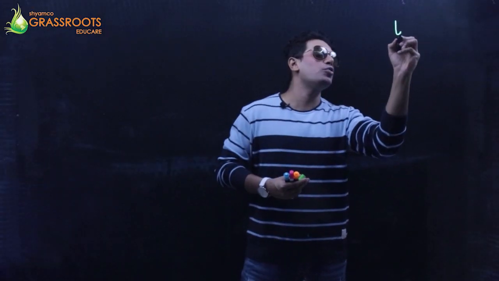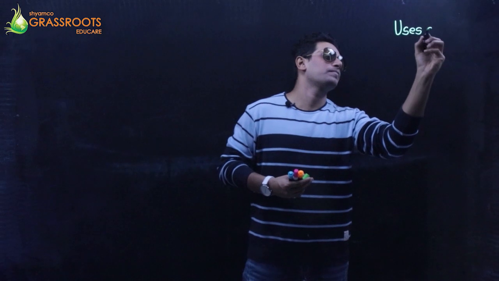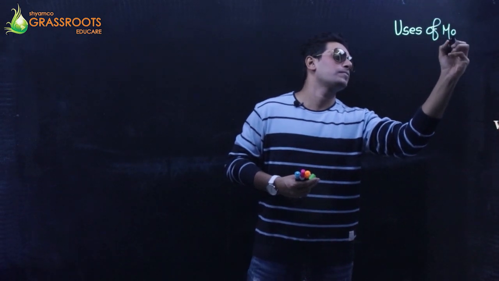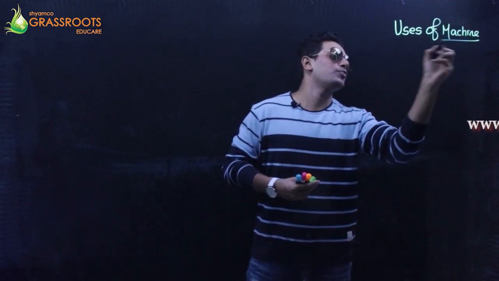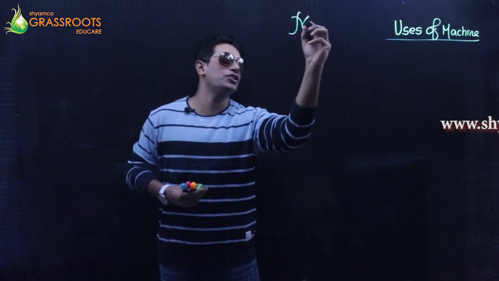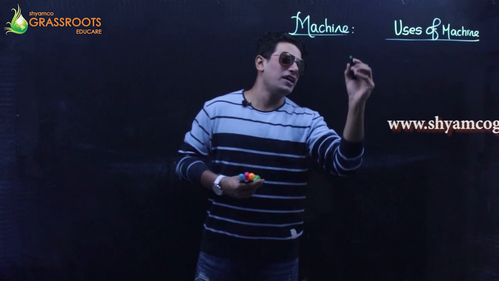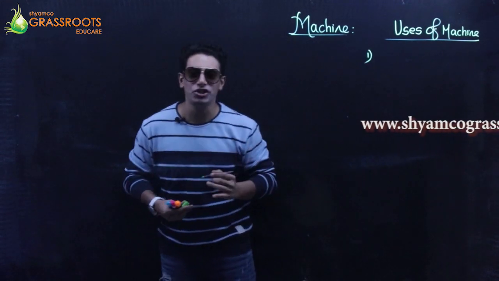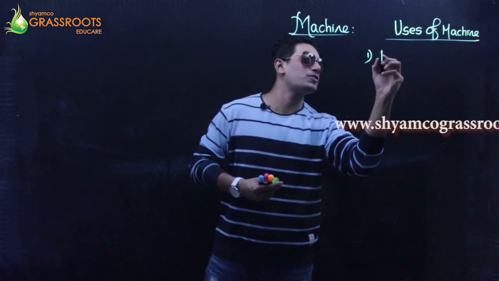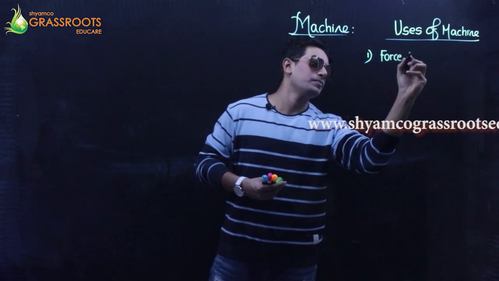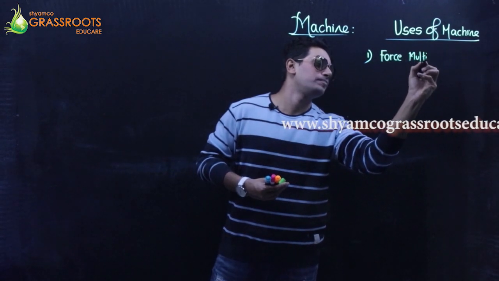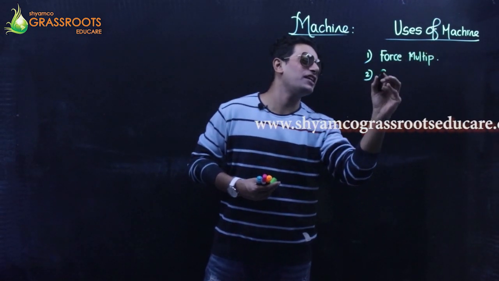What are the uses of a machine? So we are out here with a chapter called machine. Okay, in uses of the machine, first, machine acts as a force multiplier. Second, it acts as a gain in speed.